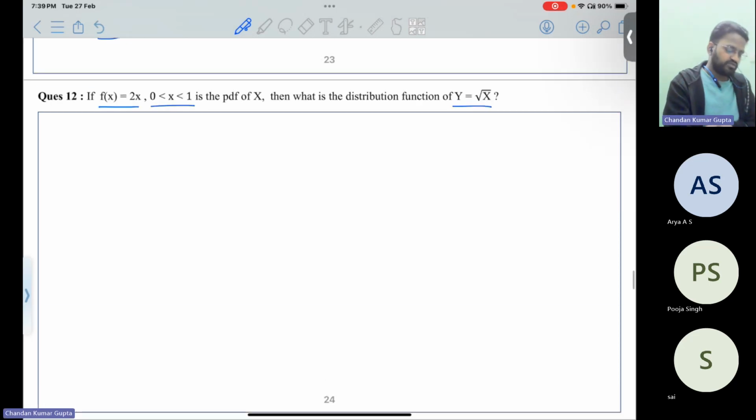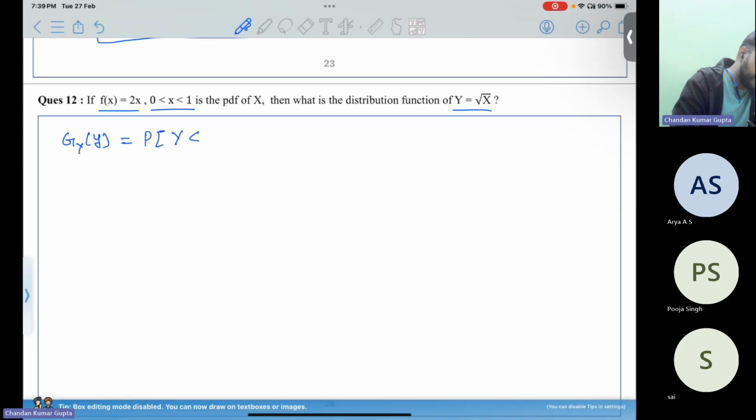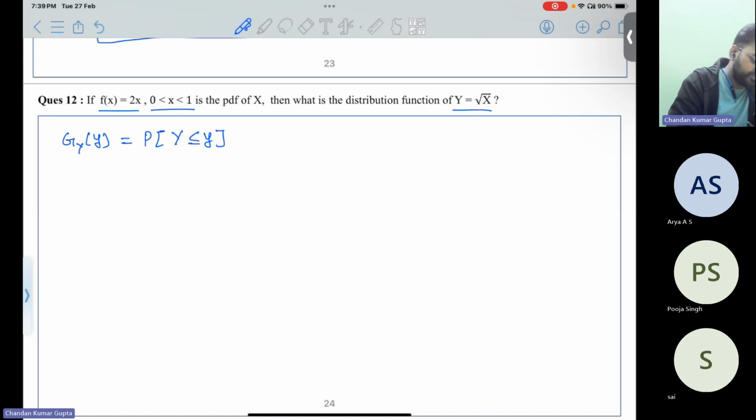Again, we may solve it like this. Suppose this is the CDF or distribution of y, G(y), which is defined as the probability that Y is less than or equal to small y. That is the definition of the distribution function.